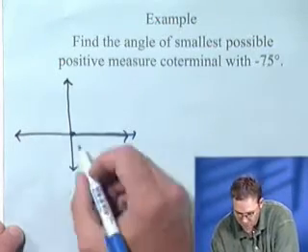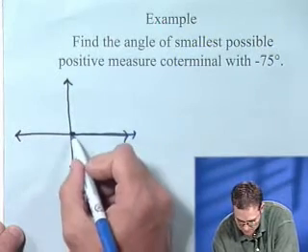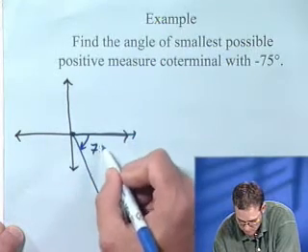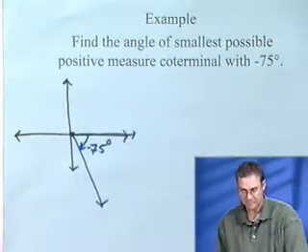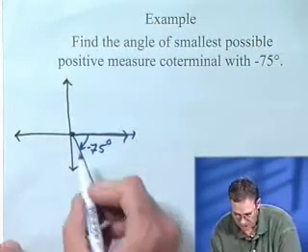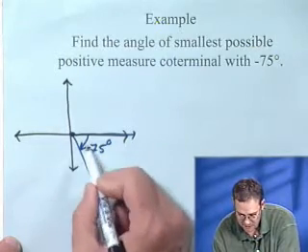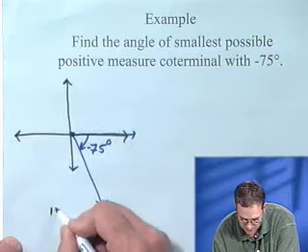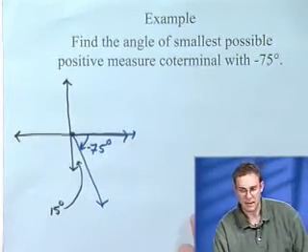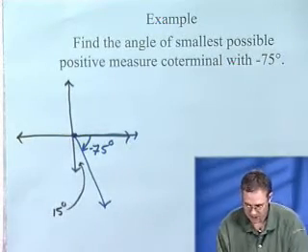It's a negative angle, so I have to do a clockwise rotation, 75 degrees. Okay. Now, let's just put a note here. If this whole right angle is 90 degrees, this is 75 degrees, note that there's 15 degrees left in this little sliver there. Okay, that might help us. All right, so there's my angle, negative 75 degrees.